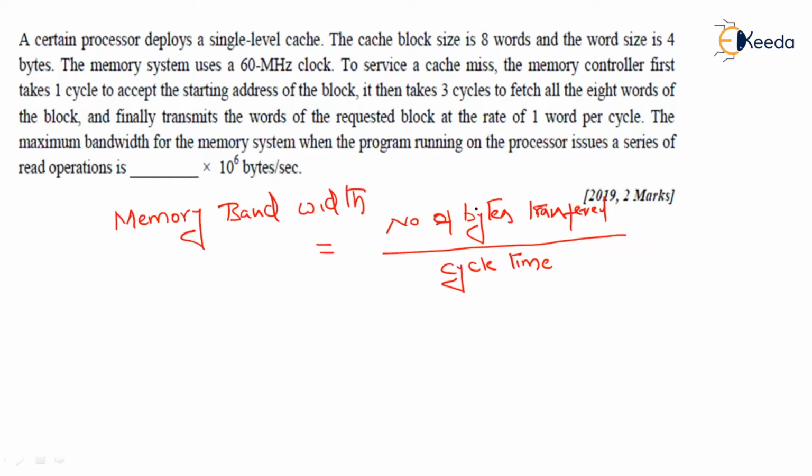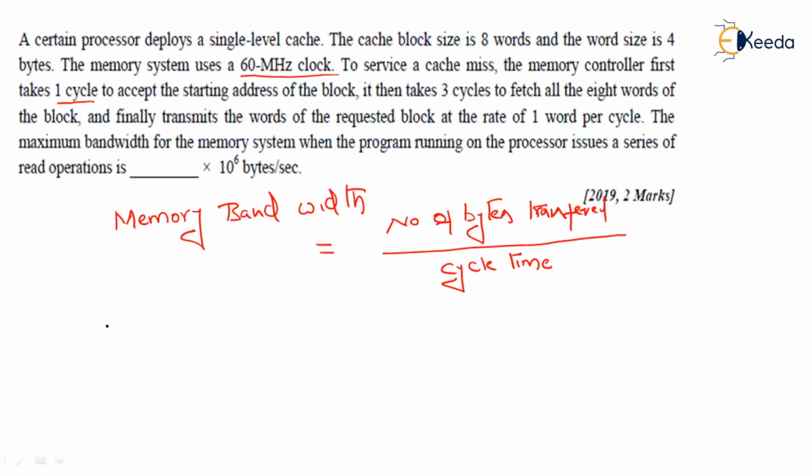Let us have a look at how many bytes are actually transferred. The clock is 60 megahertz clock. 1 megahertz is equal to 10 power 6, so 60 megahertz is equal to 60 into 10 power 6. Now, when we service a cache miss, the memory controller first takes one cycle to accept the starting address of the block.